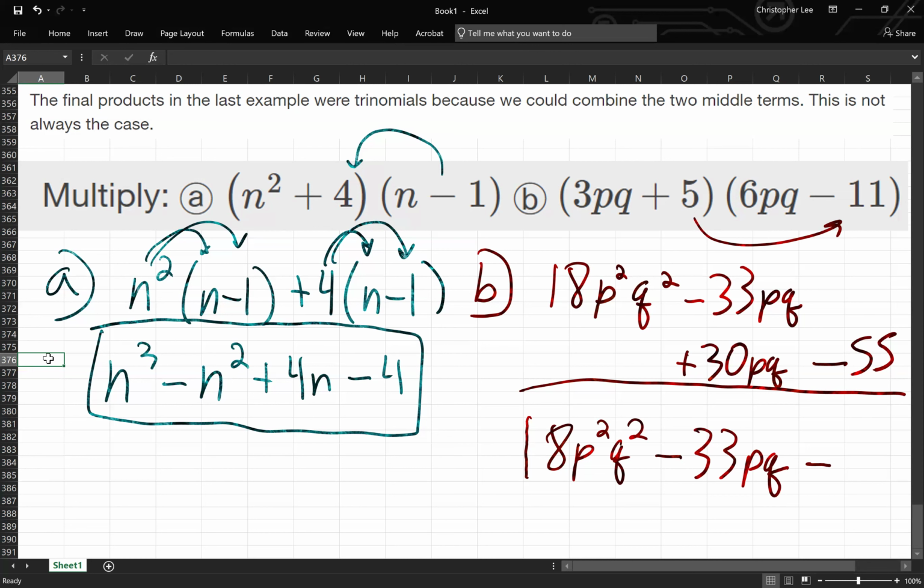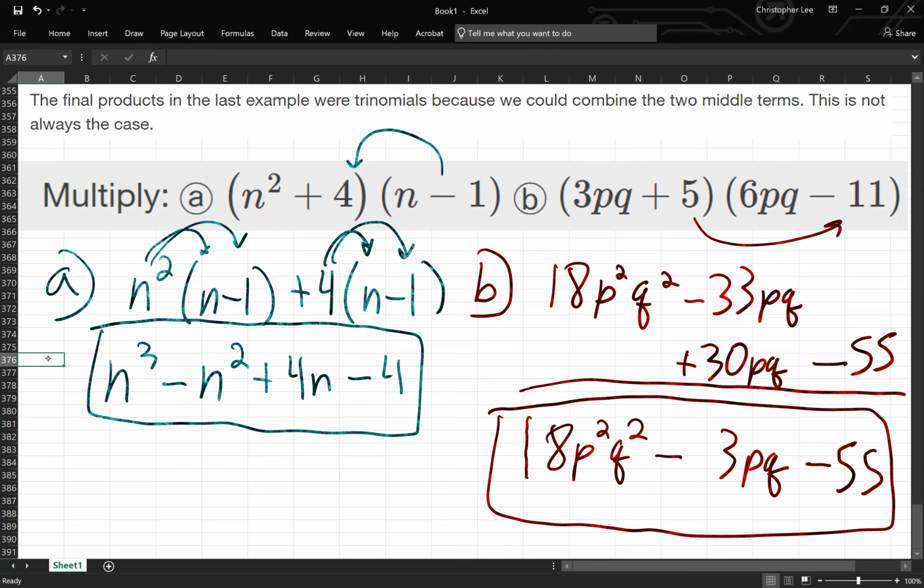I ran out of space, that's why I did that. So we only have negative 3pq, minus 55. All right, so that's it.